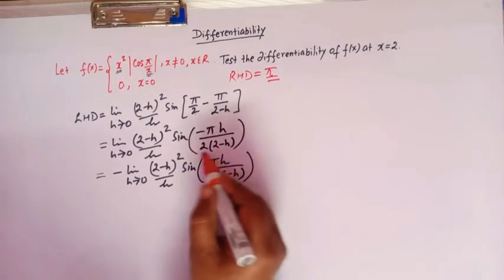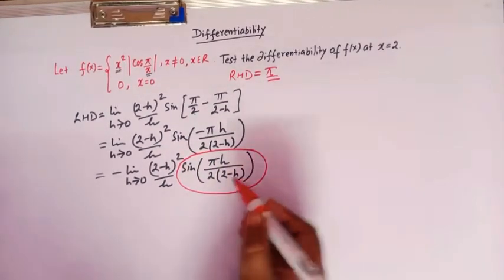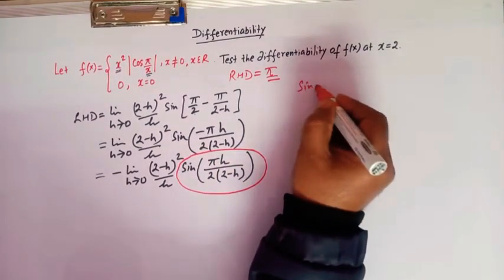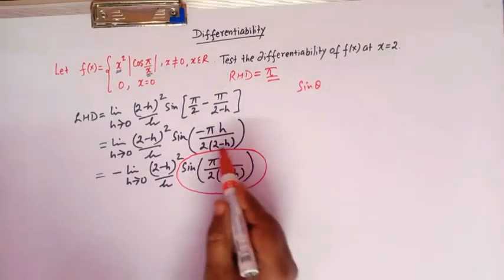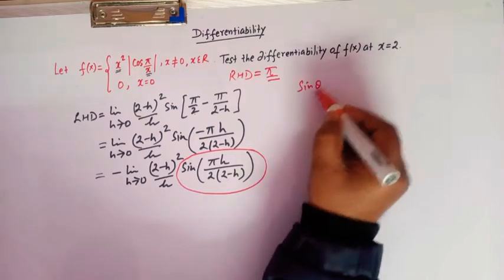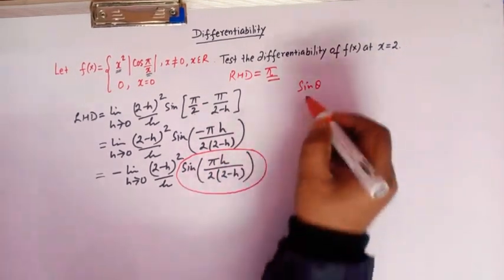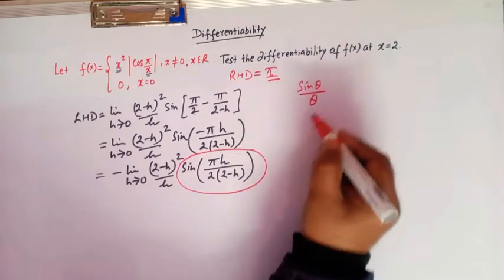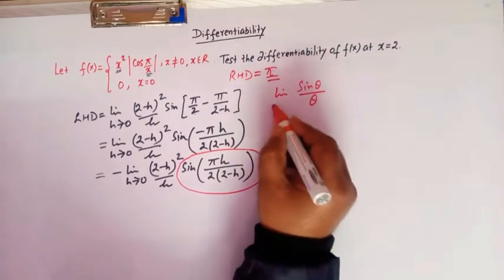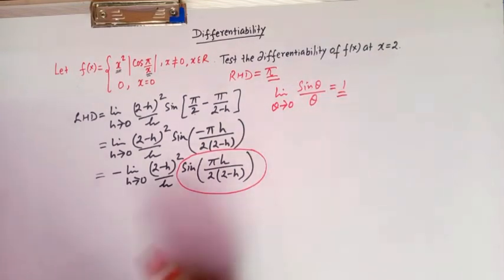Now viewers, we will convert this term as sine theta. See, if we take this angle as theta, we have sine theta, and we'll try to convert this term in the form sine theta over theta, because limit theta tends to 0, sine theta over theta is 1, right?